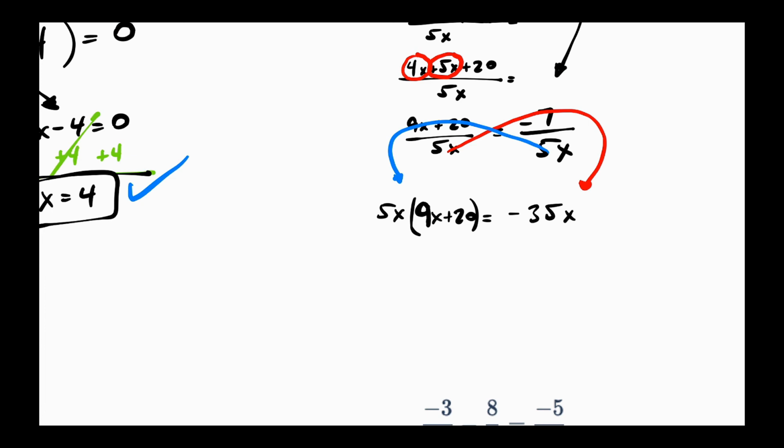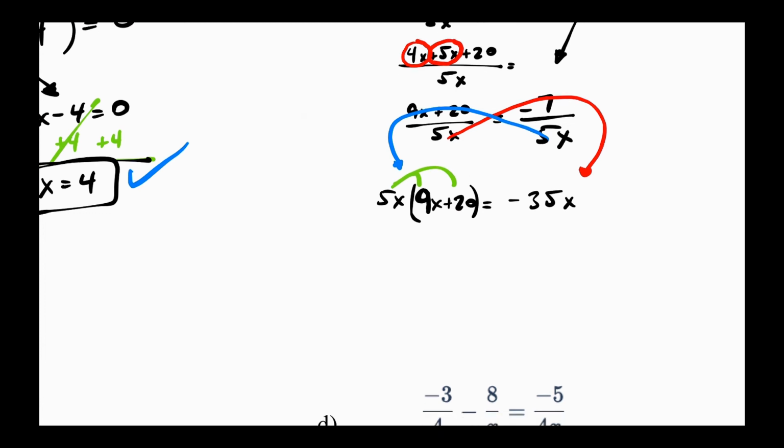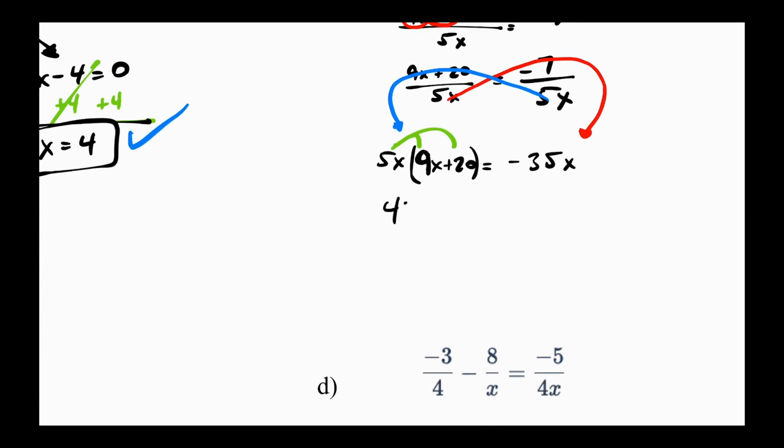Okay, distribute 5x. I get 45x squared plus 100x equals negative 35x.